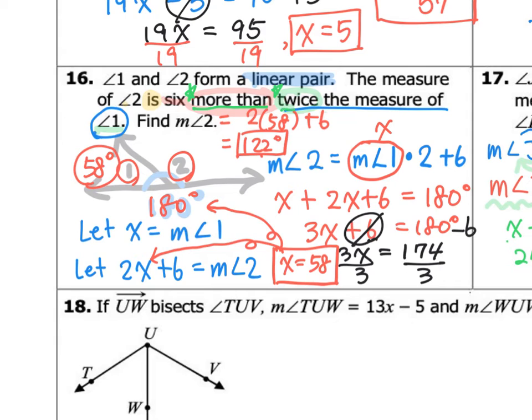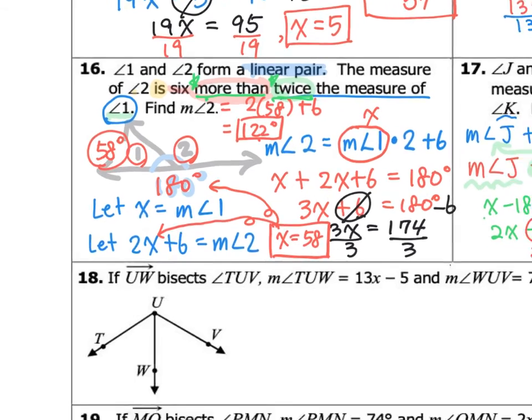If it's twice or triple or 4 times, those are multiplication, right? If it's "less than," that means subtraction. All right? So let's move on to number 18.